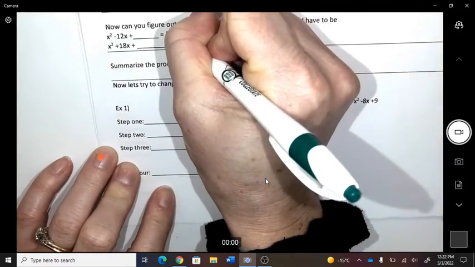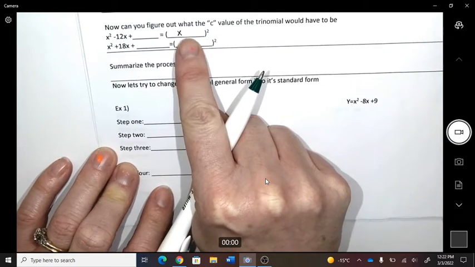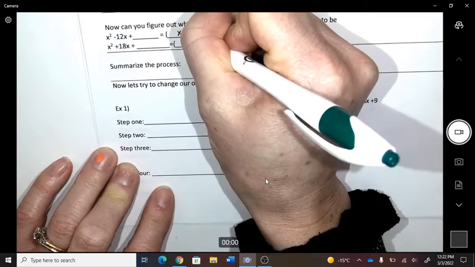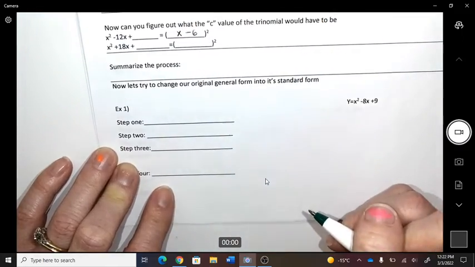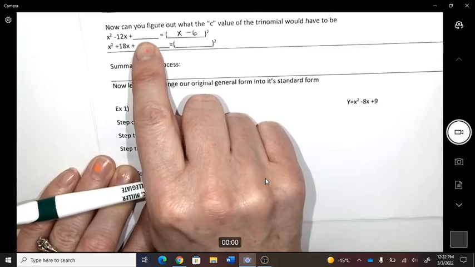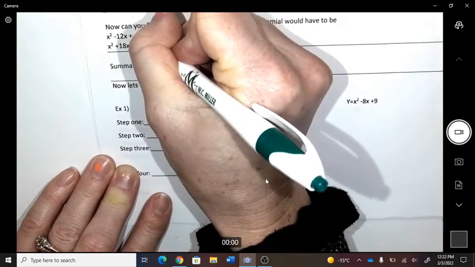So maybe you want to think about this first. X, what has to go here? Negative 6, because it has to double to that. And then what then would I finish this trinomial with? 36.